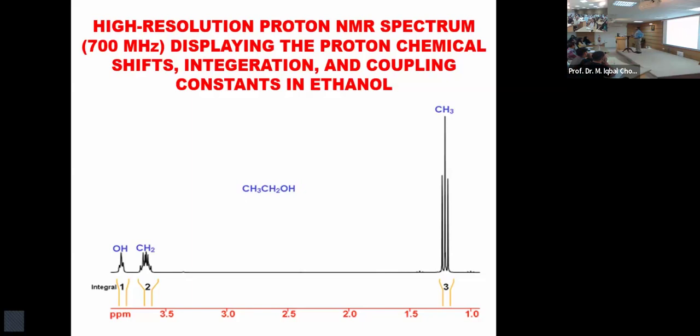The nucleus of hydrogen is just one proton. There are three isotopes of hydrogen. One is called protium, the other is called deuterium, the third is called tritium.